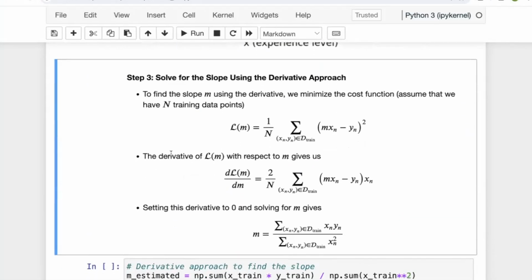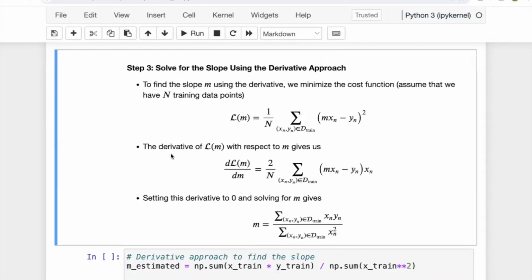So now let's look at how we can find the slope using the derivative approach. In this case, you have to form the empirical risk by having this average of the loss function. The predicted value is simply m times the input, and the true output is yn. Now we can take the derivative of this with respect to the slope, which is m.